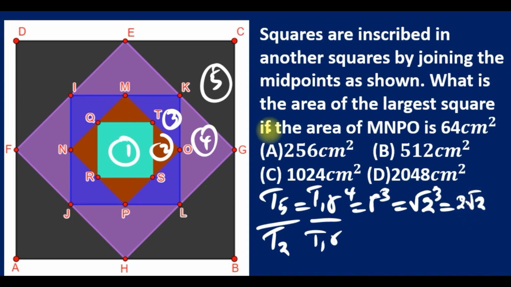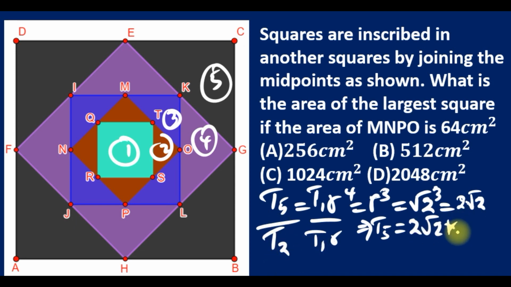So that's it. We are looking for the area of the largest one. So remember, this is the side. So if we solve for the side, T5 equals 2 root 2 times T2.